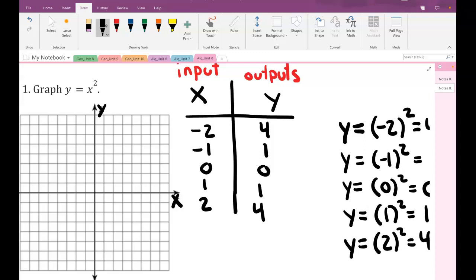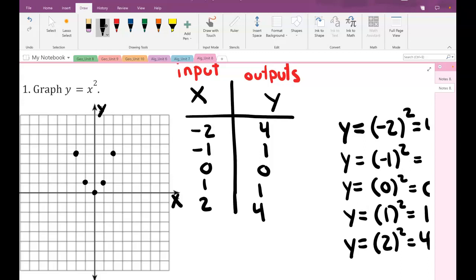Over 2, 1, 2, 3, 4 is right here. This one you go over 1, up 1. Here we're right at the center, 0, 0. 1, 1, over 1, up 1. 2, 4, we go to the right 2 and up 4.